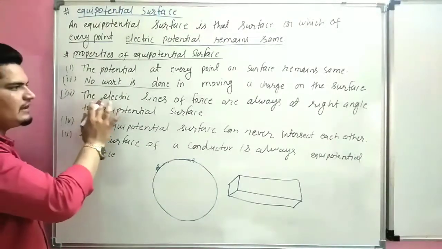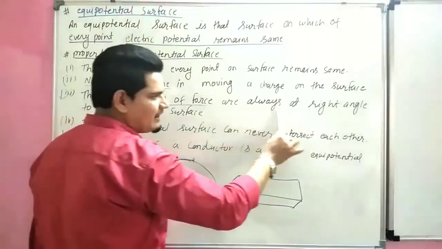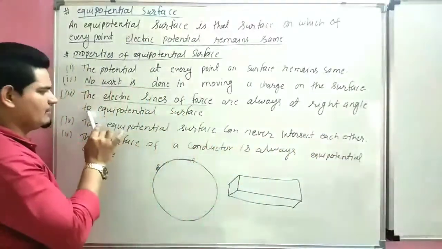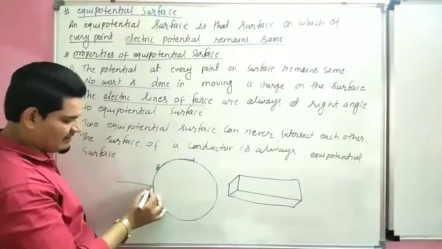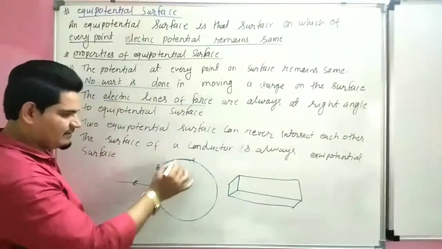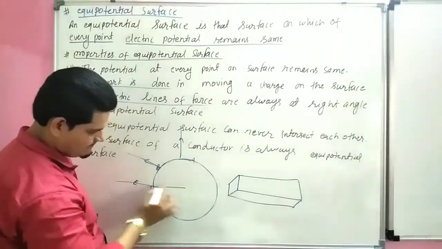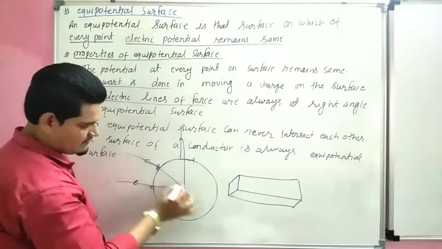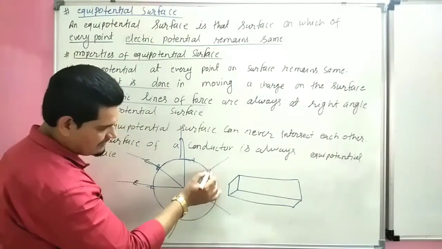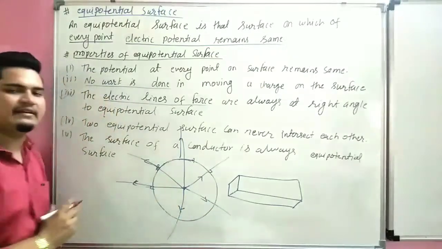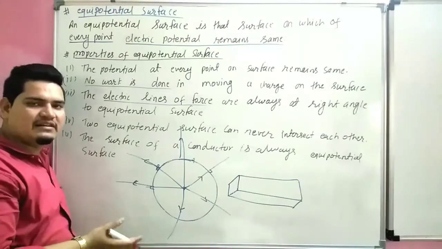Third, the electric lines of force are always at right angle to the equipotential surface. We already know electric lines of force are imaginary lines.